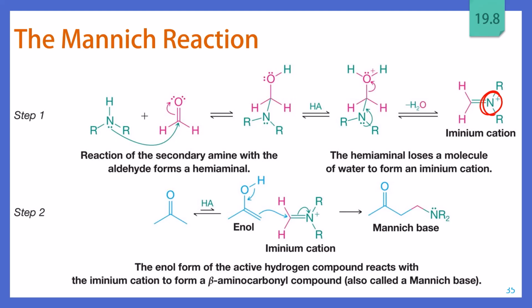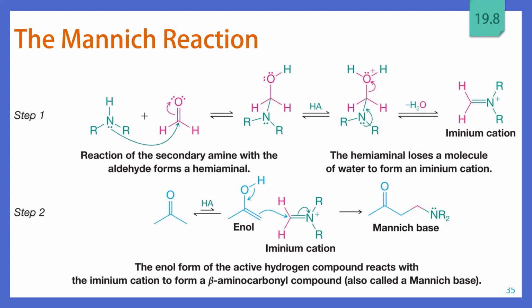That means that by attacking what used to be the carbonyl carbon, we can push those electrons onto the nitrogen and eliminate that positive charge. So the potential for neutralizing the positive charge on the nitrogen makes the iminium carbon here highly electrophilic.